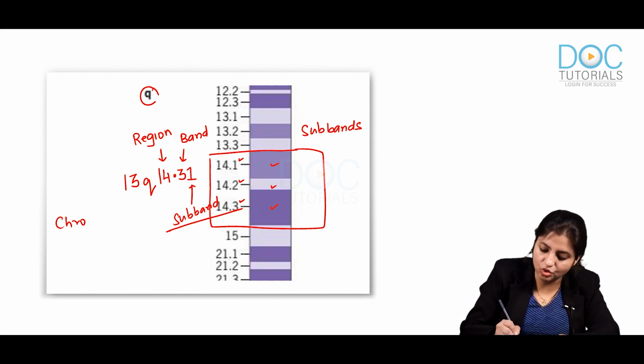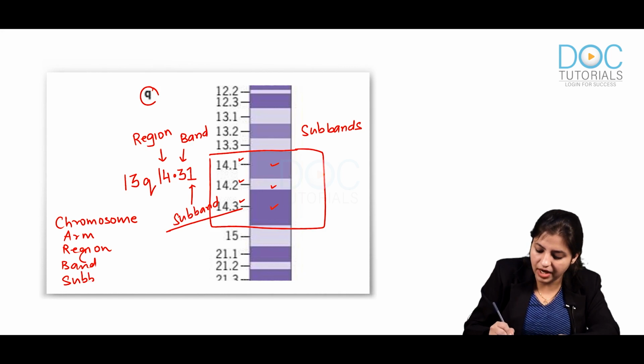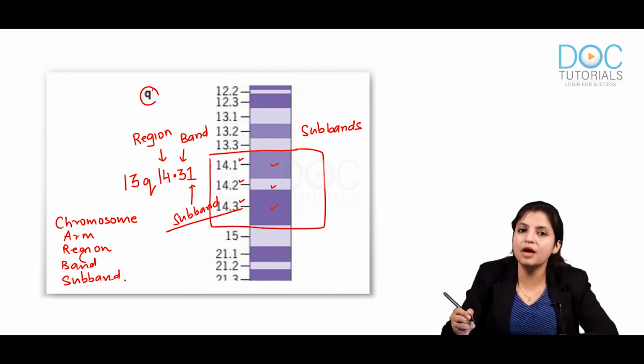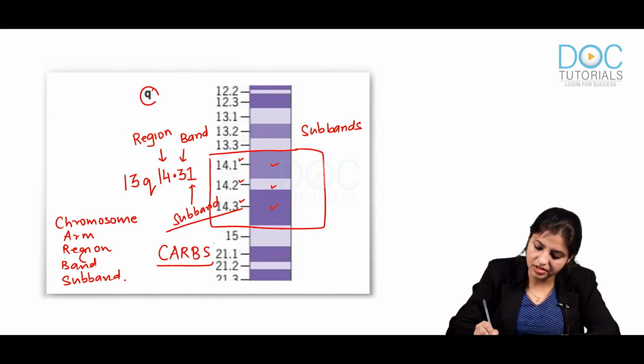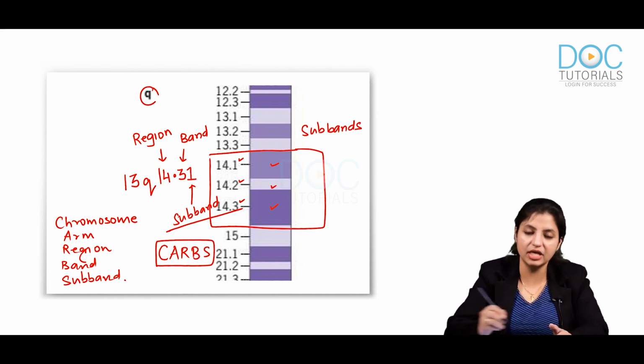First you write the chromosome, then its arm, short or long, then the region, then the band, and then the sub band. So chromosome, arm, region, band and sub band: this is CARBS. The ideogram can be remembered as CARBS.